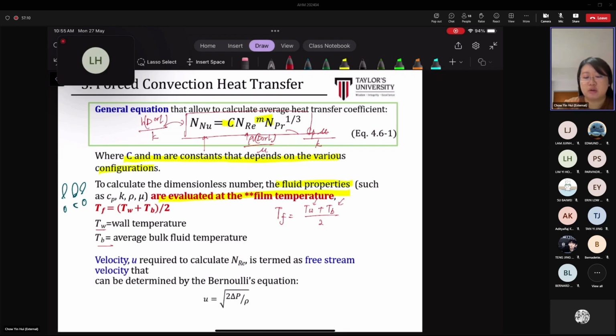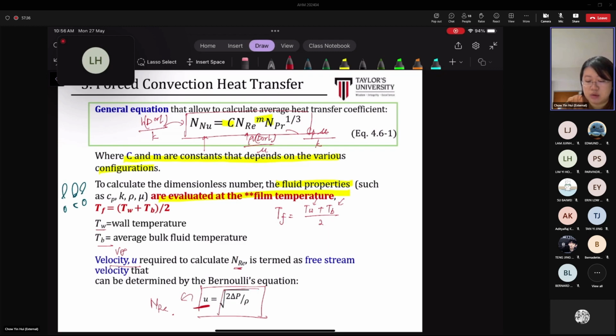Now, as for the velocity required for calculating the Reynolds number, we are using the free stream velocity. If the value is not provided, but you are provided the differential pressure instead, then you can apply this formula to calculate the velocity, so that you can apply it in the Reynolds number calculation.